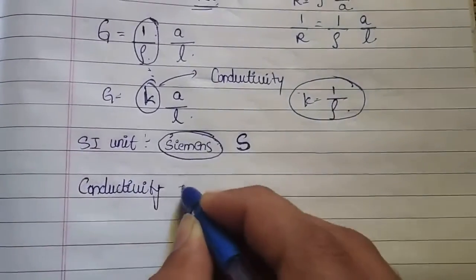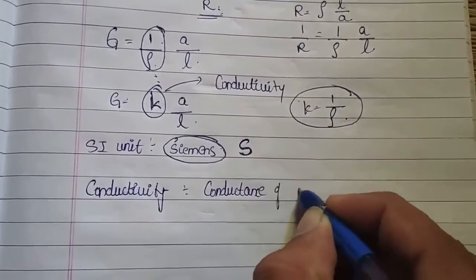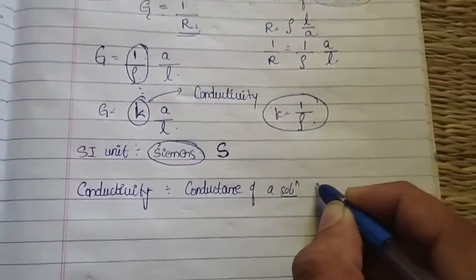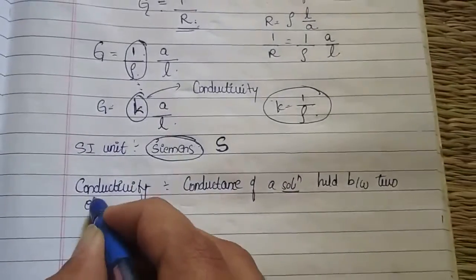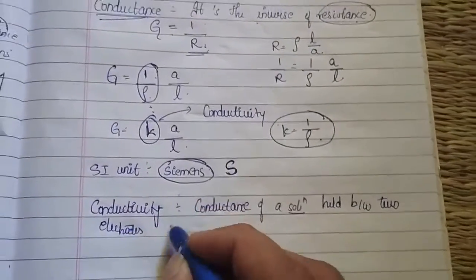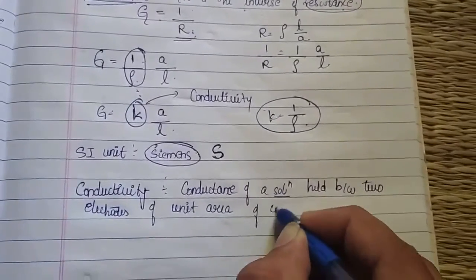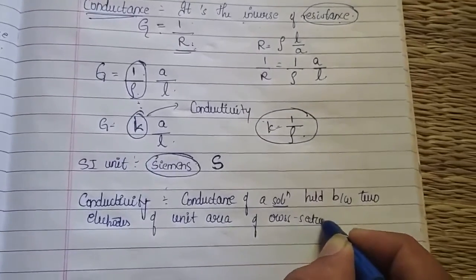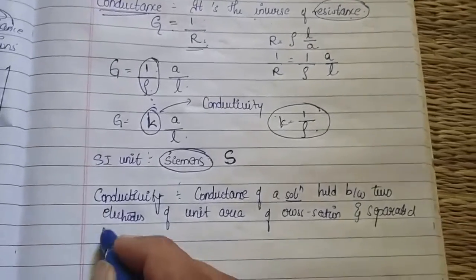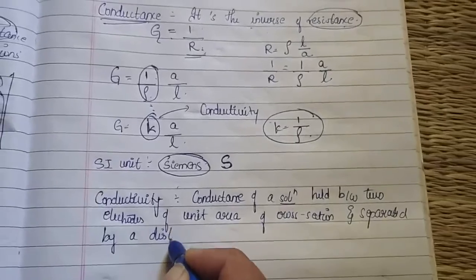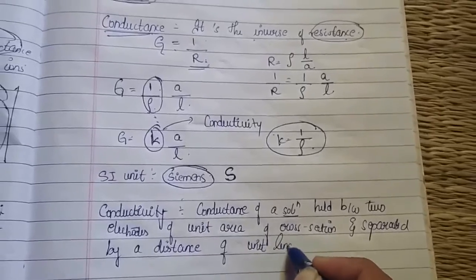Conductivity is the conductance of a solution held between two electrodes of unit area of cross section and separated by a distance of unit length. Nothing else we have written.